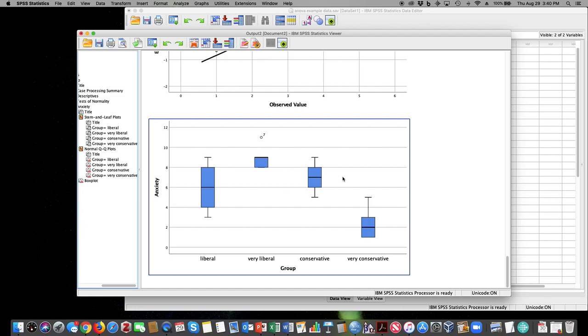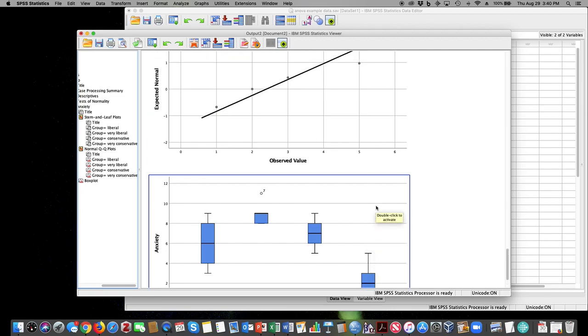Here are some examples of what these look like in terms of box plots. Again, the distributions don't look very good because we have very small sample sizes. When you have small sample sizes, graphical distributions aren't the most accurate. But you can see Group 1 is a fairly normal distribution. Group 2 seems to have an outlier. Group 3 looks fairly normal. Group 4 appears to be skewed.